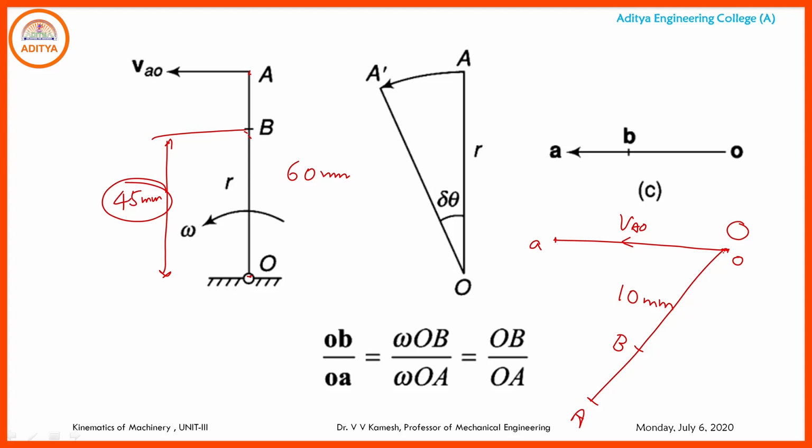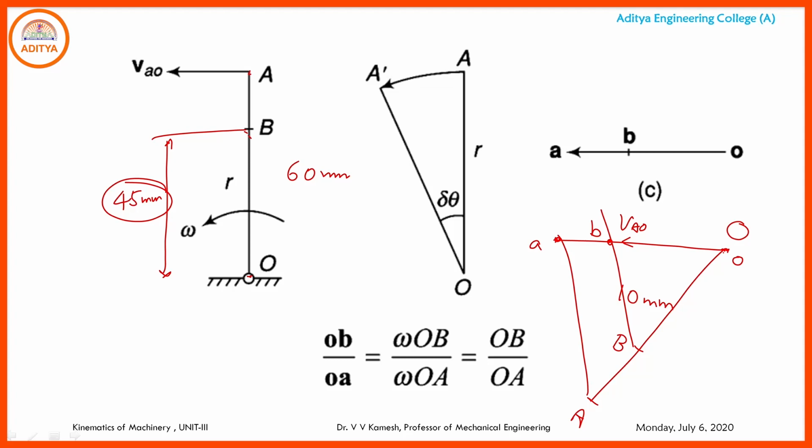Now this OB equal to 45 we will represent on the diagram. We will join these two, and from B we draw a parallel line, then it will become small b.